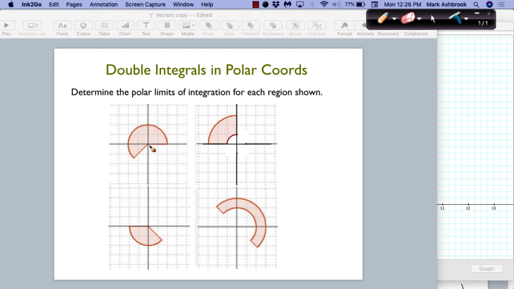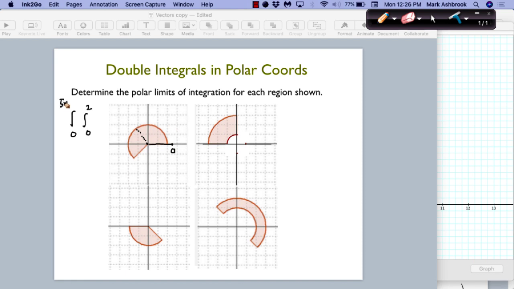Okay, so we'll do the first one together. For a given theta, r goes from what to what to get the points in the region? 0 to 2. And then we take all of these radial strips, from what angle to what angle? The starting angle is 0, all the way to 5 pi over 4.